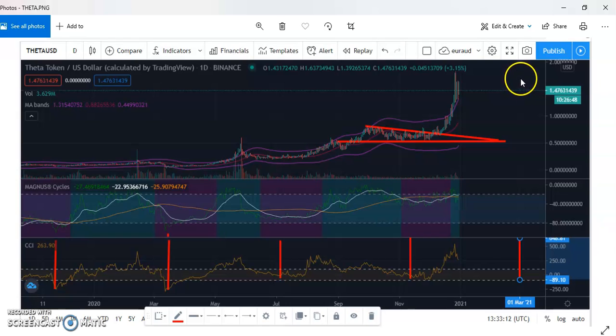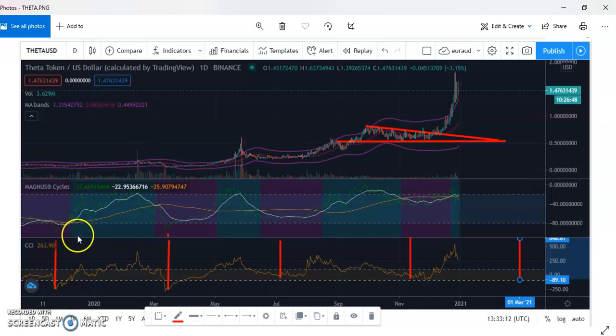The point of low could be even above the 2 US dollar, and the reason is because in terms of cycles, we know that we are hitting the point of low, and then we can buy even if the price is above the 2 US dollar, because we know that this is the point of low of the cycles, and from there we are skyrocketing even more.